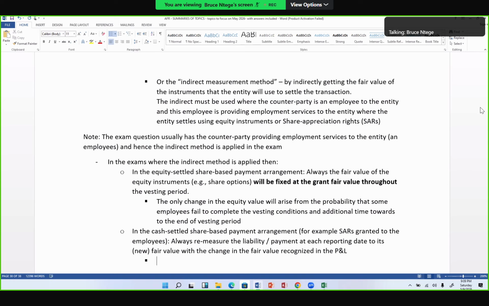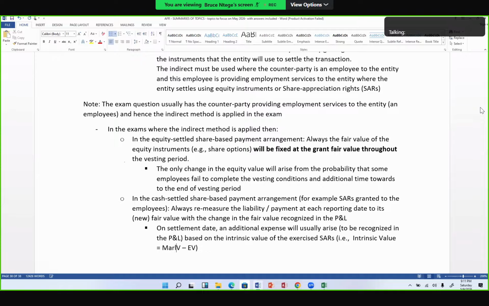Let me write it in full. That intrinsic value is the difference between the market value and the exercise price of those share appreciation rights.